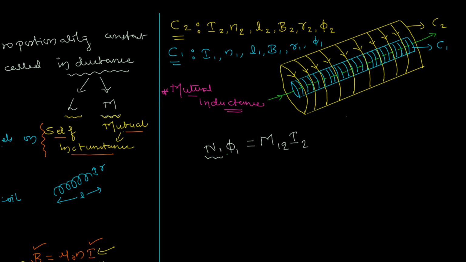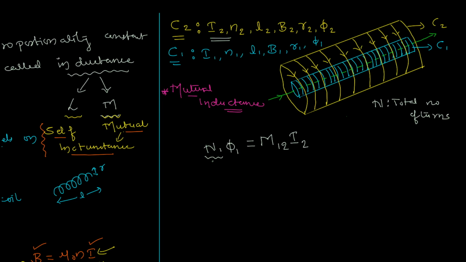N1 is actually the total number of turns, guys. Whenever we write capital N in magnetism, that means it's the total number of turns. But it looks like in the variables that we have defined here, we never defined the total number of turns.